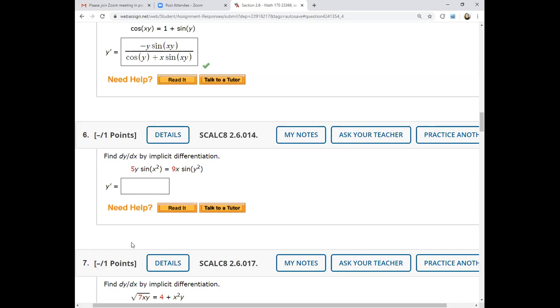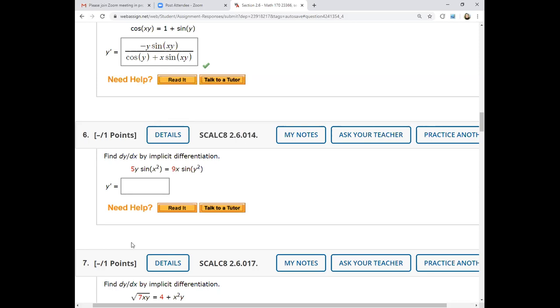So is that considered 3 terms because it's 5 times y times sine of x? Do you take the derivative of each one? Well, it's a product of two terms, 5y and the sine of x squared.